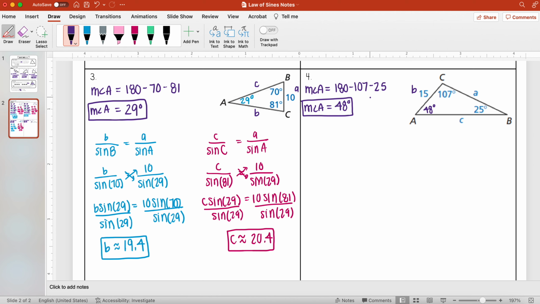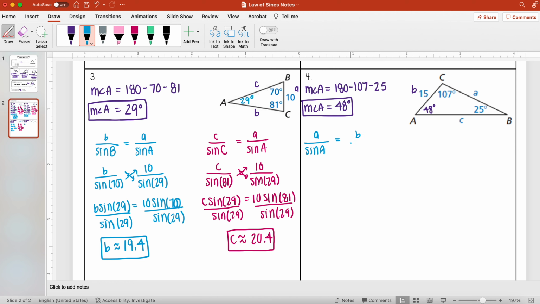So now I'm going to go ahead and find my sides. I'm going to do just like I did in the previous problem, go ahead and set both of my proportions up first. And so I know my first side I want to find is side A. So I have A over sine of A is equal to, I want to go ahead and use B because I have both the angle and the side length already.